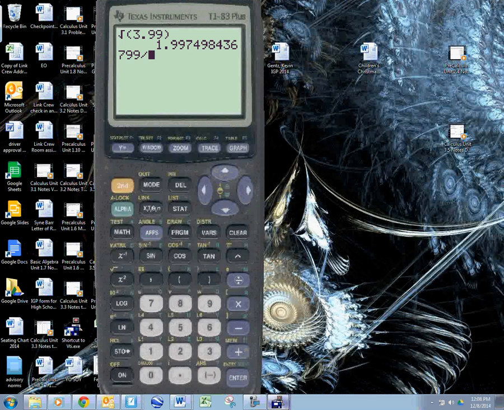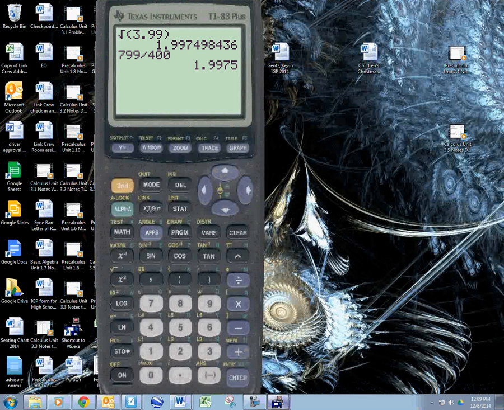Now take 799 and divide it by 400, and you come up with, whoa, is that a good approximation? It's an excellent approximation. So you can see why, if you did not have the ability to punch in your calculator what the square root of 3.99 was, how do you come up with a reasonable value? A lot of times calculus offers you that opportunity. And it has great application in word problems for time to come as well.